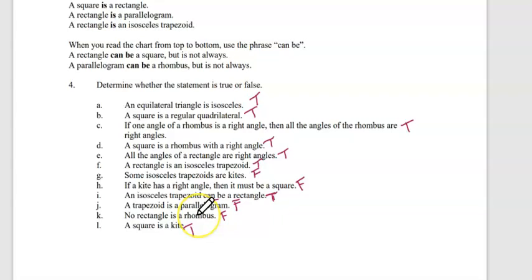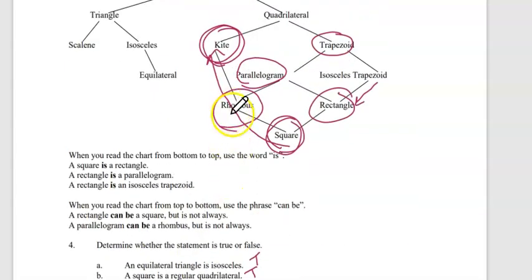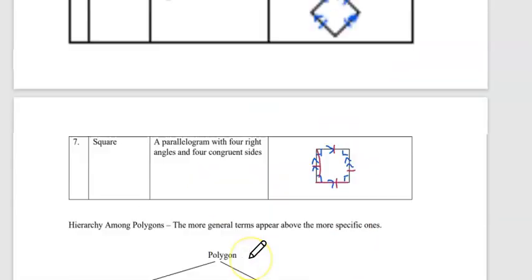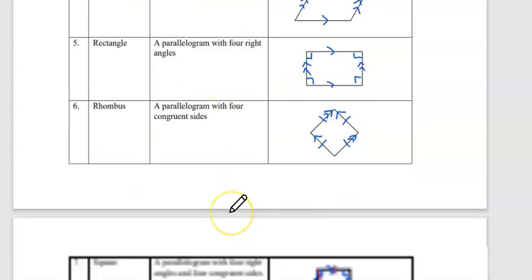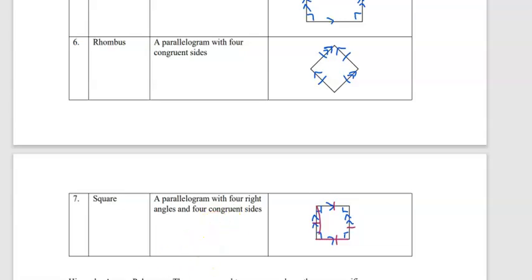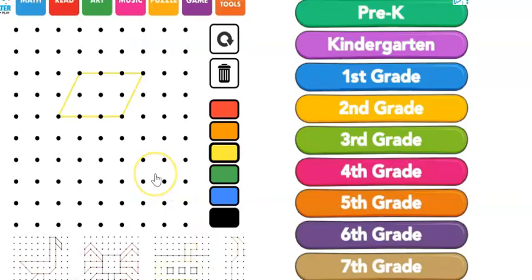If I say to draw a parallelogram, they could draw a rhombus, a square, or a rectangle. All of those would be parallelograms because all of those would have 2 pairs of parallel sides. So it's a quadrilateral in which each pair of opposite sides is parallel. So a rectangle, a rhombus, and a square all have those. If you ask students to do that on a geoboard or dot paper, any of those would work.